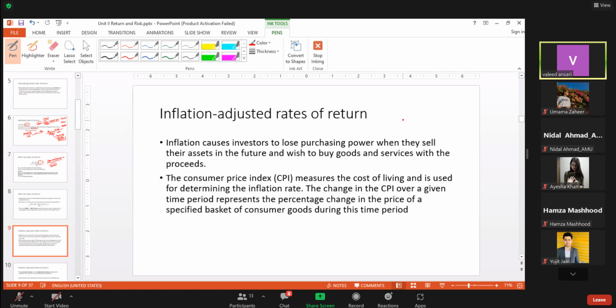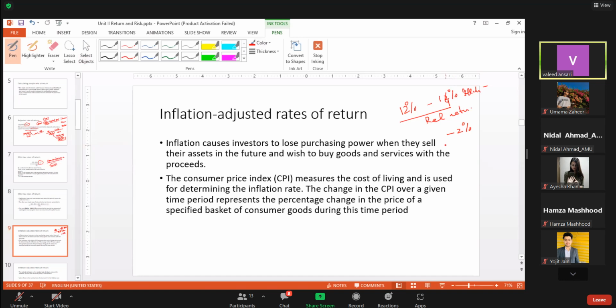The inflation. If a stock is providing 12% return, but prices are also rising by, let us say, 12%, in real terms the real return is zero. Or if prices rise by more than this, say 14 minus 12, the real return is minus 2%. So that is why the rise in price is also important.